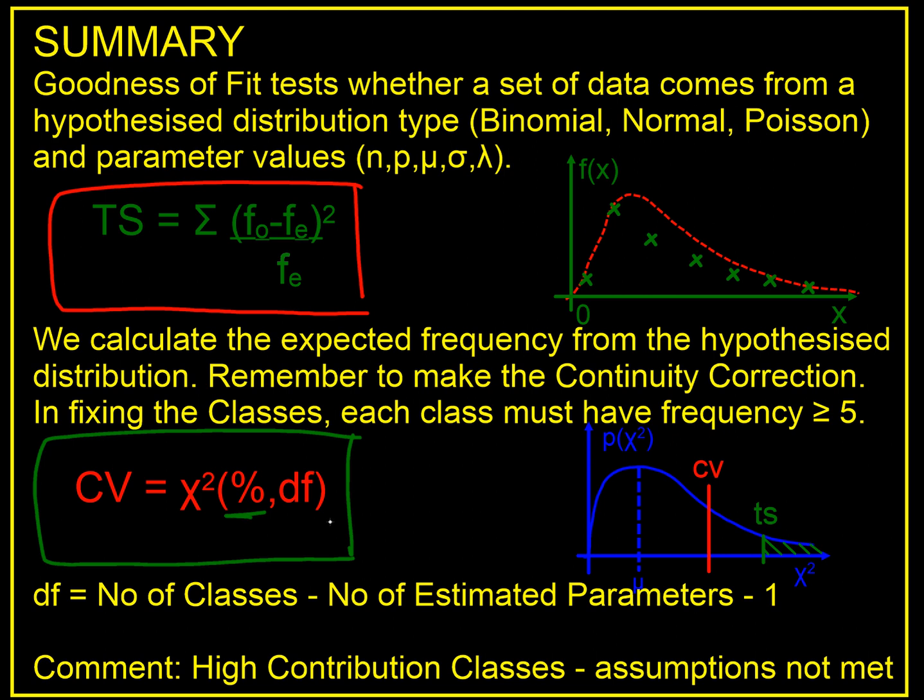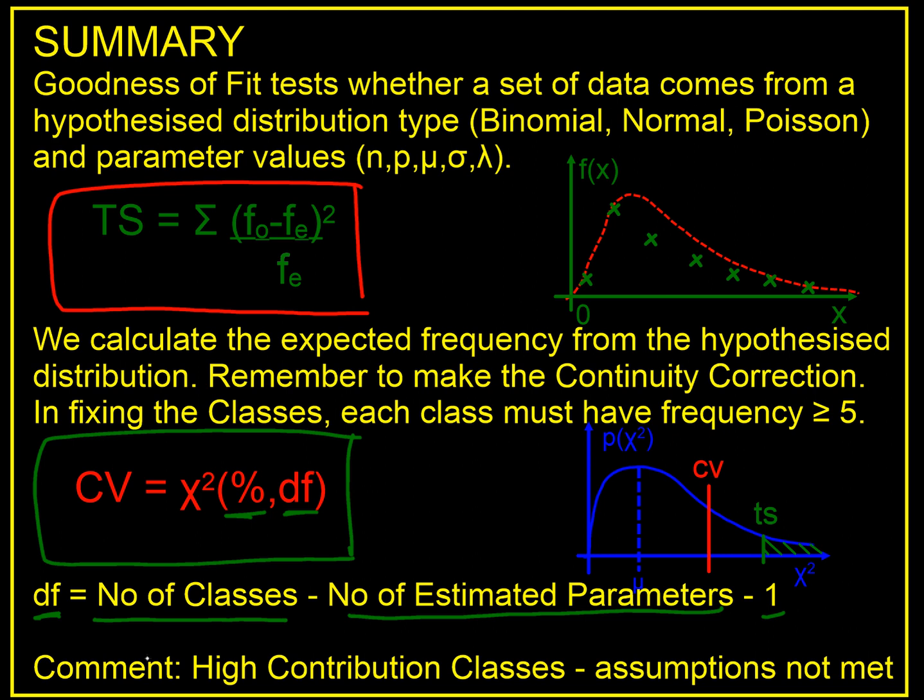We need our significance level, and we need our degrees of freedom. We calculate our degrees of freedom from the number of classes. Then we deduct the number of parameters we've estimated, because we've used up those degrees of freedom, and then we deduct 1 because we know our total, our sum is our sum. There's 500 in our sample.